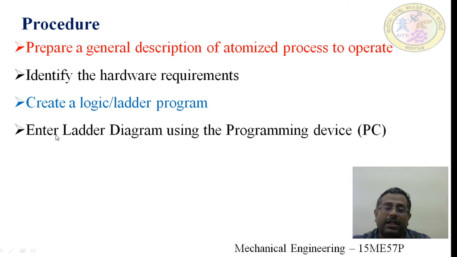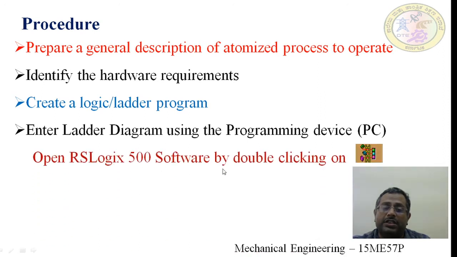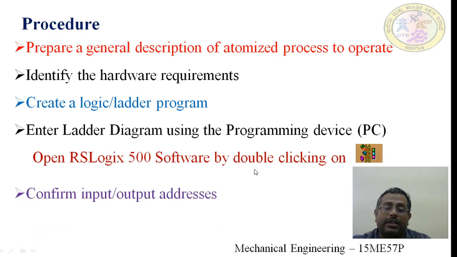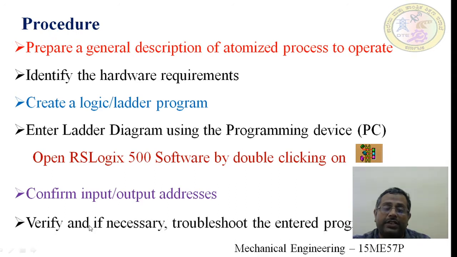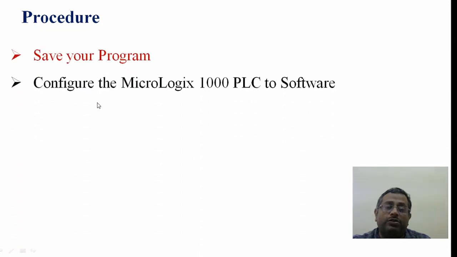For that, we enter this ladder diagram using the programming device by opening the RSLogix 500 software by double clicking on this icon. Then you have to confirm input output addresses and timer addresses. Then you have to verify the program to check for syntax errors. If any error is there, you have to troubleshoot and correct the program. After verifying, you have to save the program.